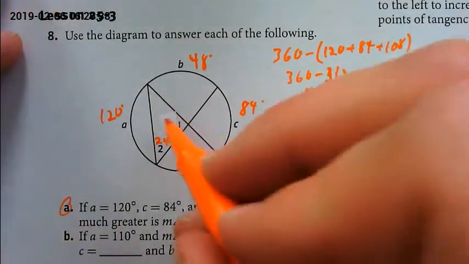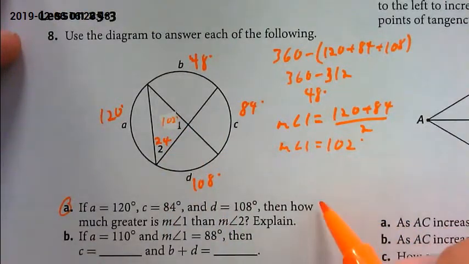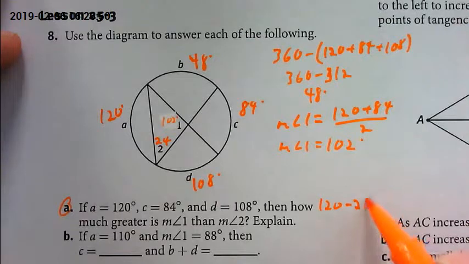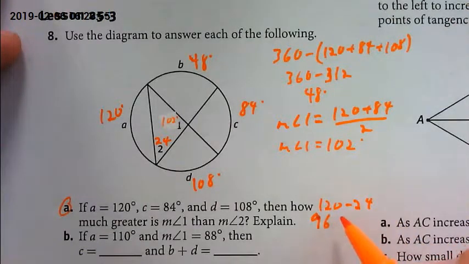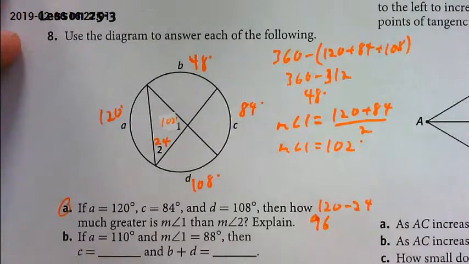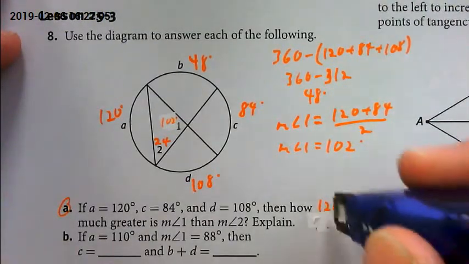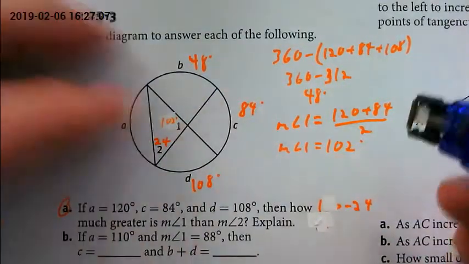So the question here was they wanted to know how much greater is angle 1 than angle 2. So my final answer, I got to find the difference between 1 and 2. So 102 minus 24 is 96. Right? Oh. Whoops, sorry. I wrote the wrong thing. My bad. I said 102 and I wrote 120.